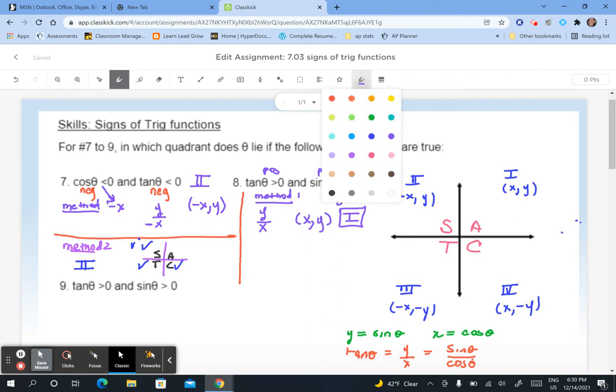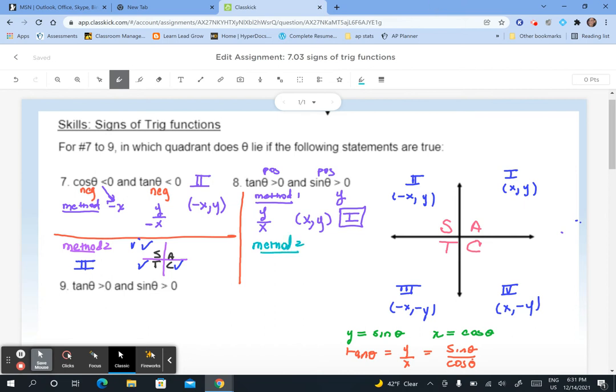Now let's do the second method, and I'll try to do that in a different color. Maybe I'll do it in this green. So now let's use that other technique. So I make a little x and y axes. All students take calculus, and I'm going to do a checkoff box.